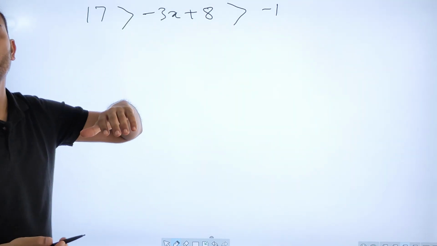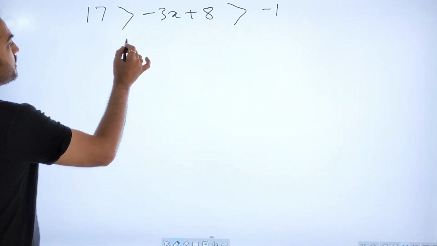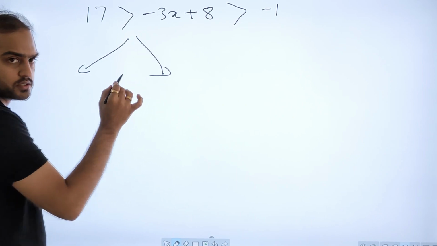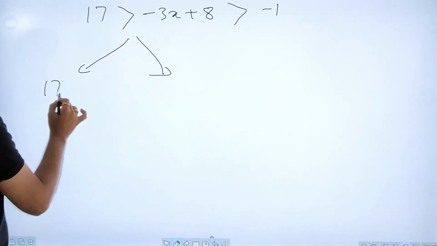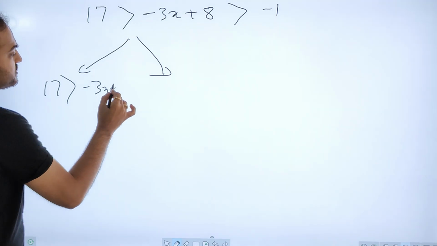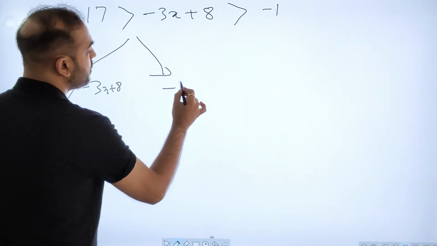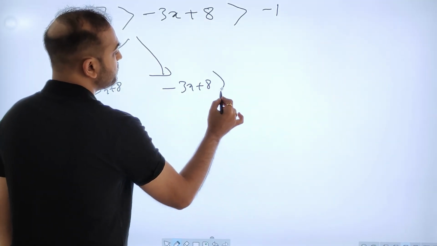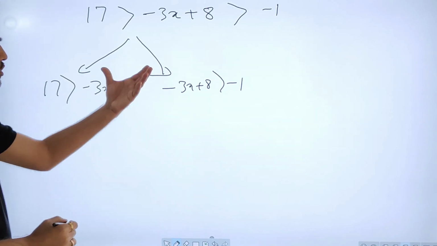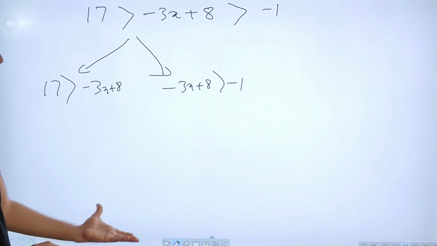There are two things that you can do to solve this. One, separate them into two inequalities: 17 is greater than minus 3x plus 8, or minus 3x plus 8 is greater than minus 1. Solve both of them separately and get the answer.